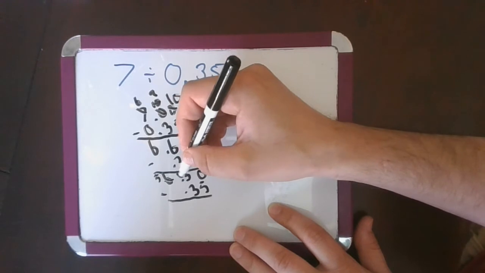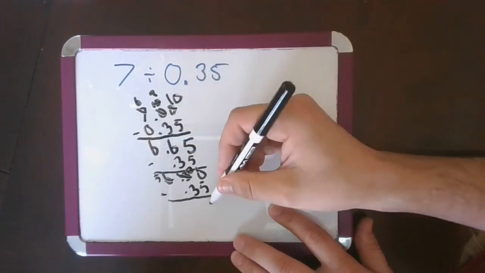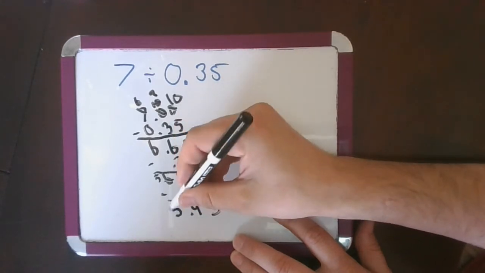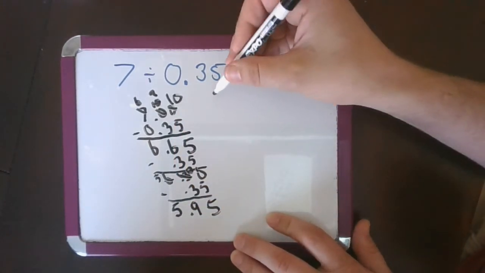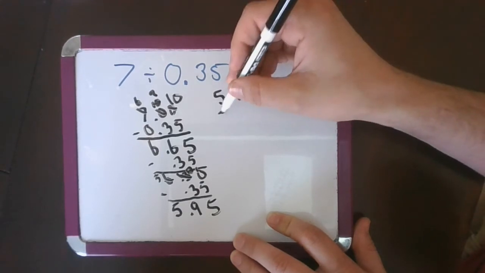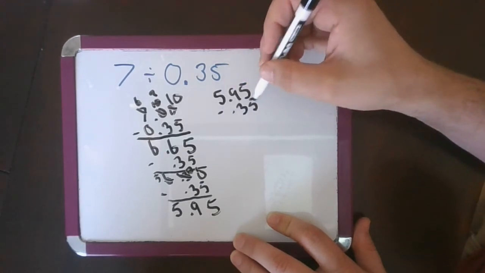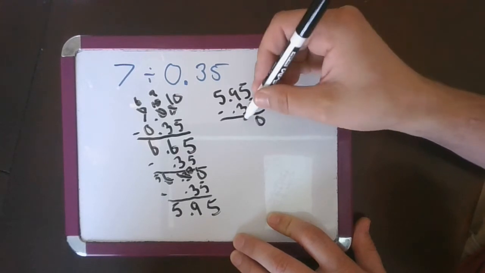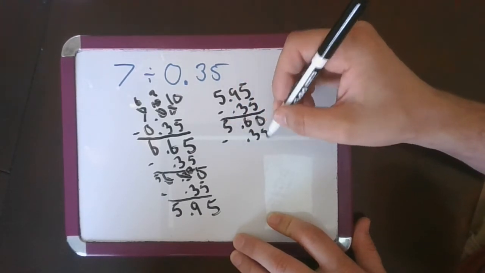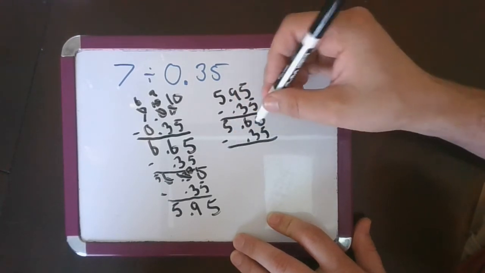So 5, that's 12, 10. So 5, 9. So I've got 5 9,500ths. In fact, I'm not even going to be able to fit this all on one single board. That's how long this is going to take me, and I'm doing it over and over and over again.